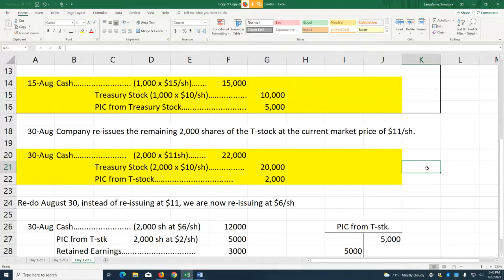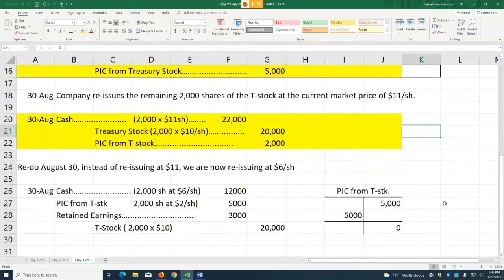Originally, we reissued it at 15, cost us 10. Here, we reissued at 11, cost us 10. So we were issuing higher than what it cost us. In this last case, we issued it for 6, but it cost us 10.